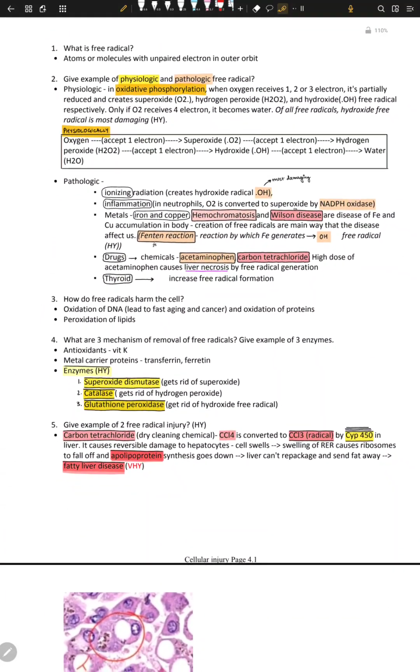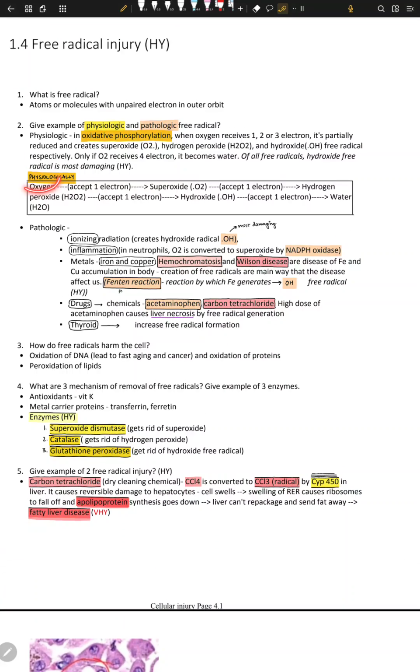In free radical injury, oxygen, when it receives one electron, becomes superoxide. Again, it receives one electron, becomes hydrogen peroxide. Receives another one, becomes hydroxyl radical, OH, the most dangerous one. Receives another electron, becomes water. Now, in phagocytosis, the water step is missed.